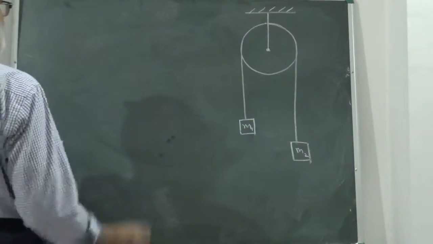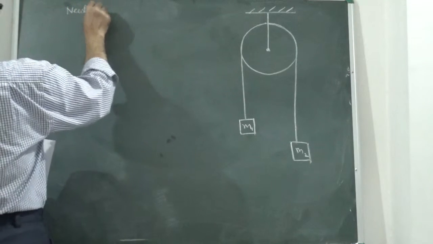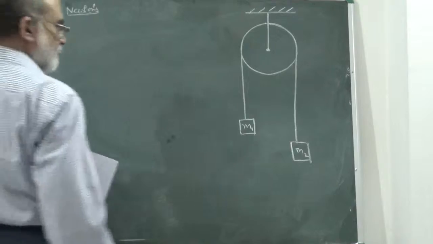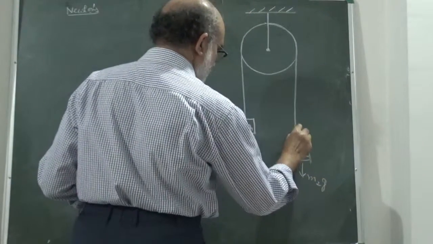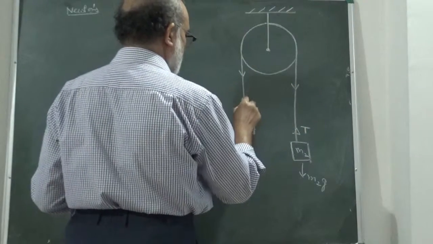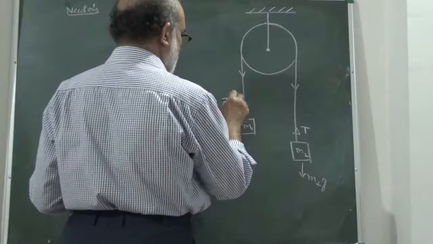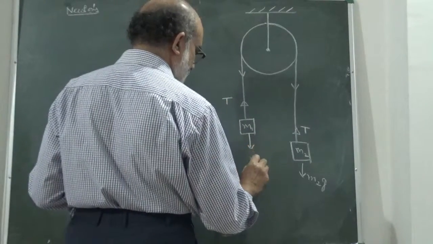So in Newton's approach, this is M2G, this is tension. The string is supposed to be massless, so the tension is the same at both ends.